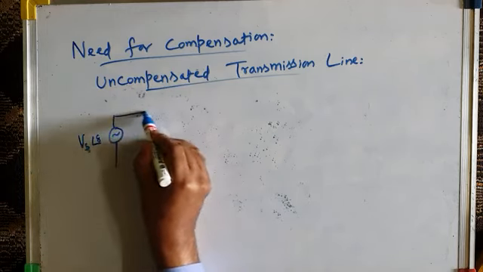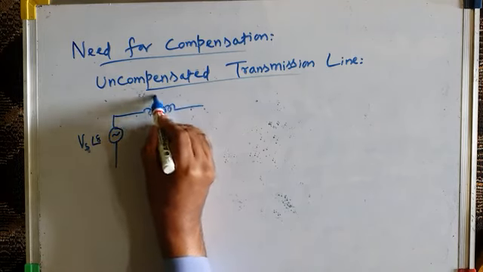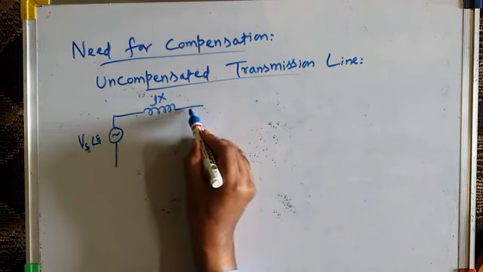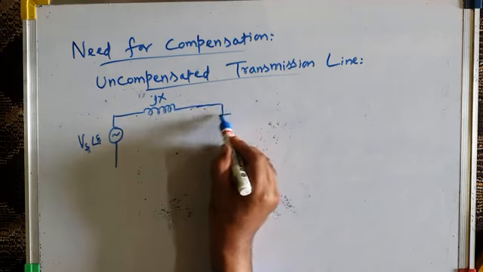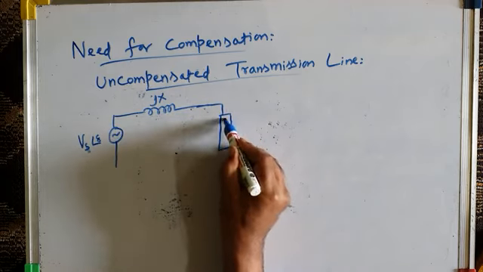The line reactance is jX, and on the other side of the line, suppose we have a load.